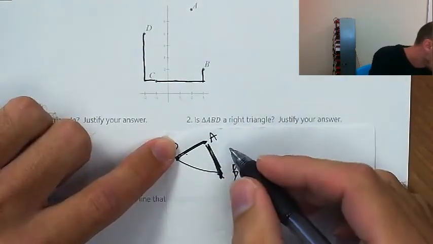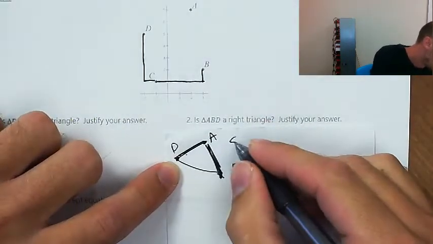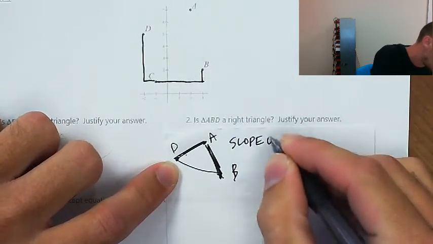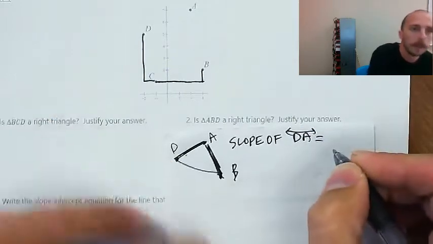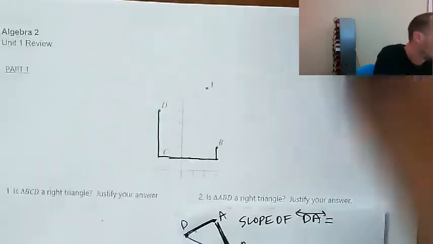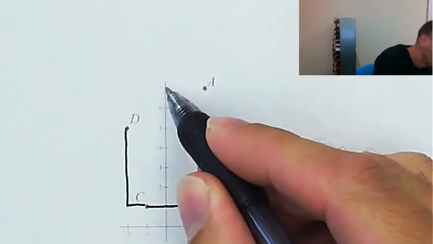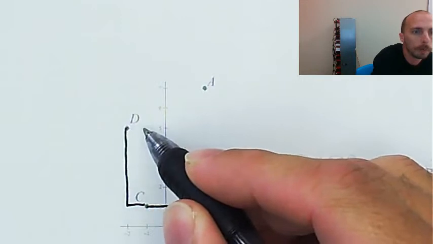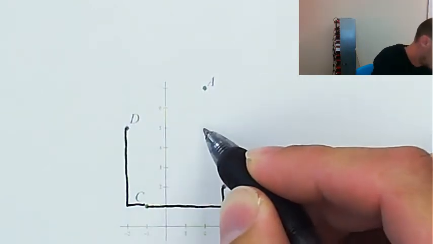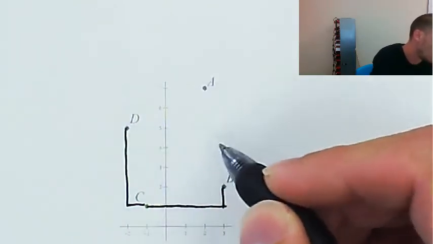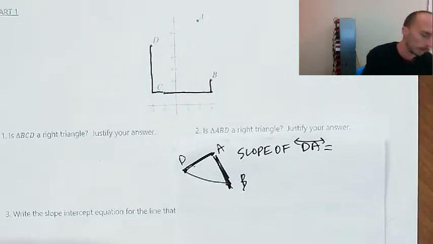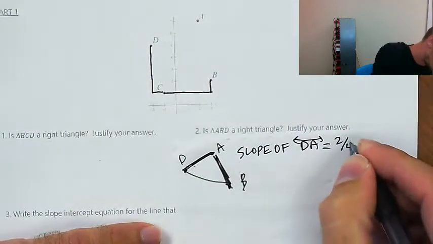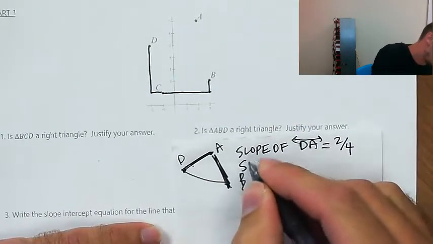So I'm going to say, all right, the slope of line DA, I'm just going to zoom in and count. It went up by 2 when it went over by 1, 2, 3, 4. So up 2 over 4 is going to be a slope of 2/4. And then the slope of AB.